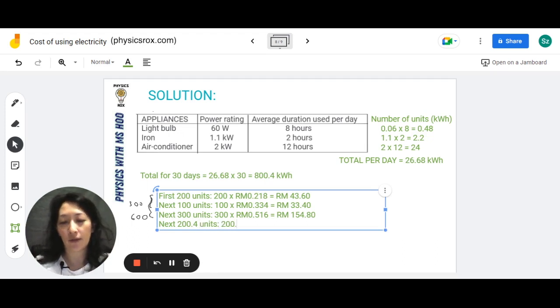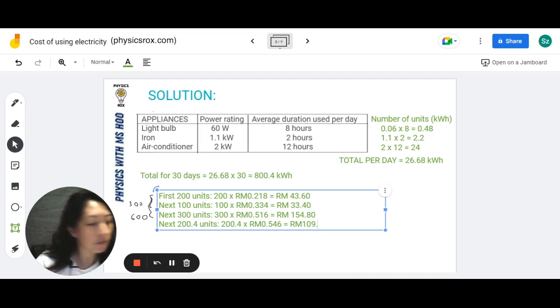So 200.4 times 54.6, so 0.546. That gives us 109.4184. So we're just going to round it to 109.42.